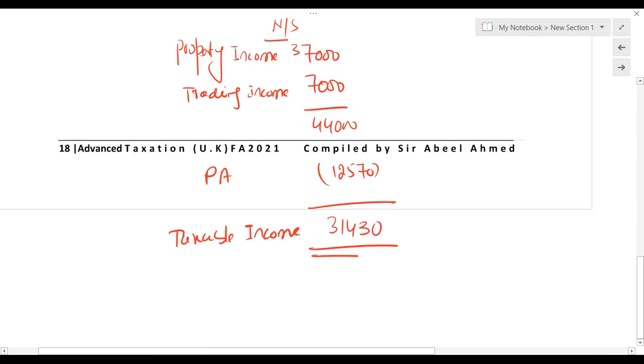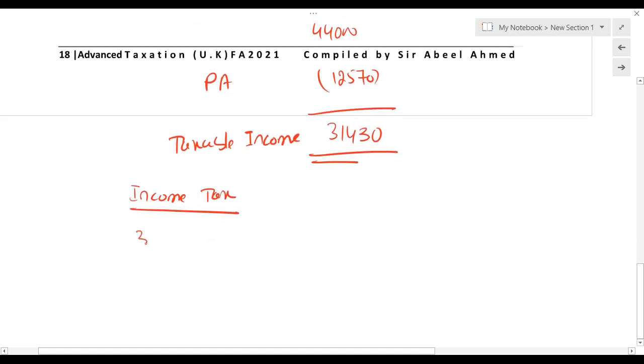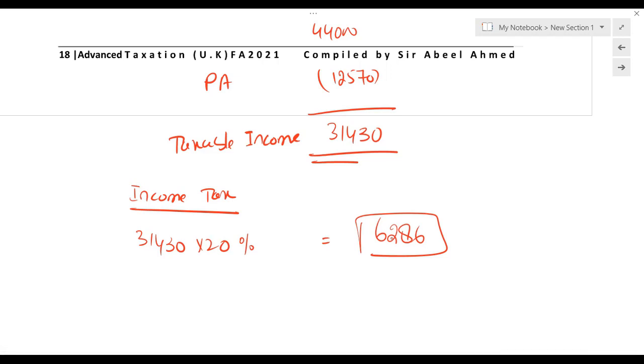Obviously, the entire 31,430 falls in basic rate band. 31,430 times 20% results in 6,286. So the amount of the tax is 6,286.